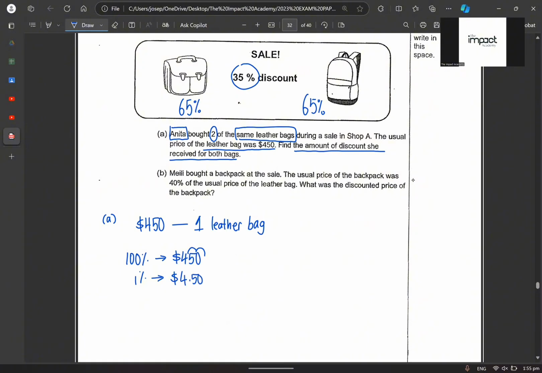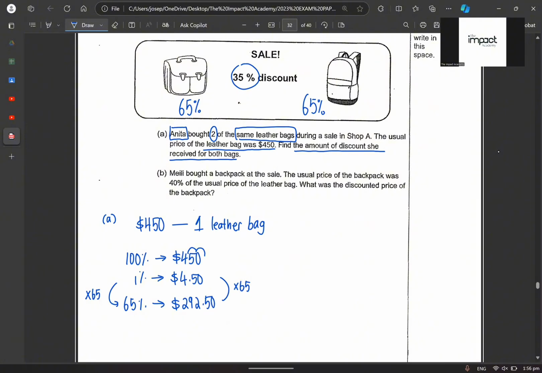And of course, what you want to do is find how much she really paid. She only paid 4.50 times 65. Why is it times 65? Because how do I get from 1 to 65? I times 65. Once this part is done, I write down that this is $292.50. But this is only for one bag.